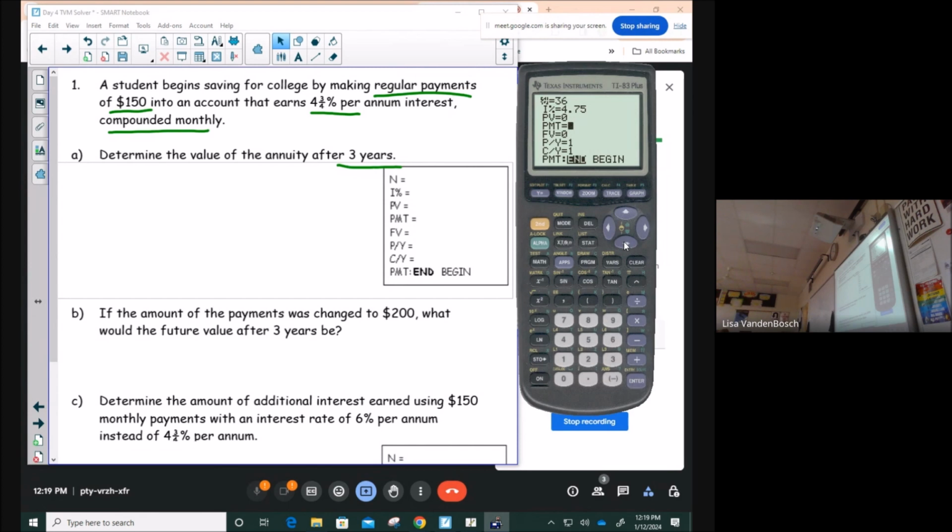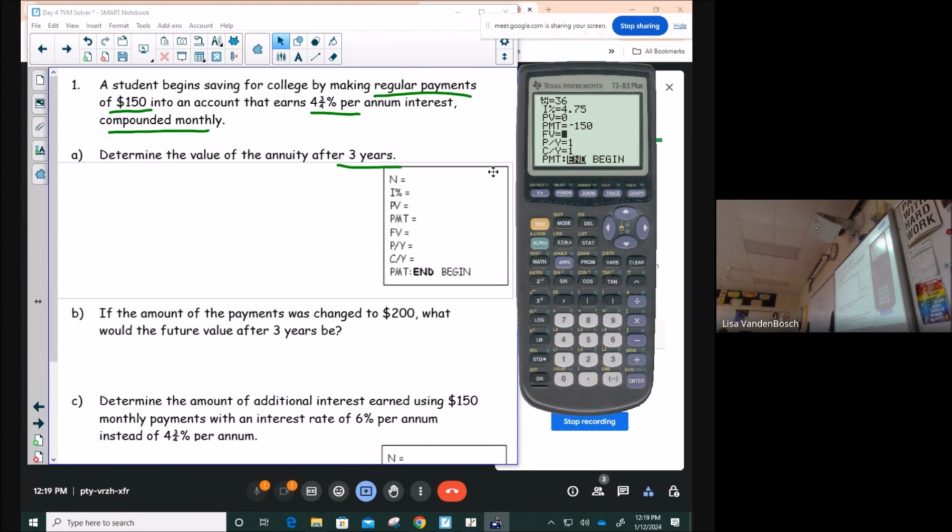What's your monthly payment? Okay, we're going to put it in as a negative number. The payment always goes in as negative. It's not literally negative $150. Almost think of it as $150 coming out of your bank account because we're putting it in here. This TVM solver just needs that PMT to be a negative number unless it's 0.